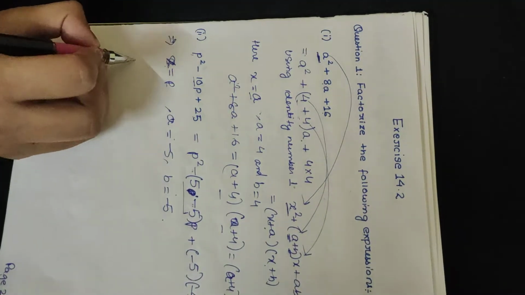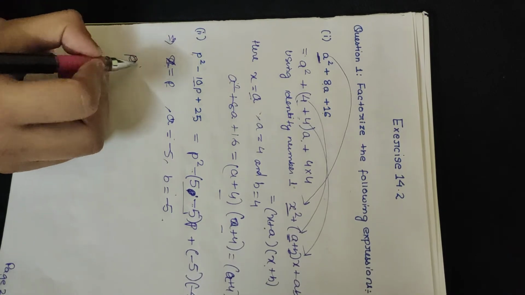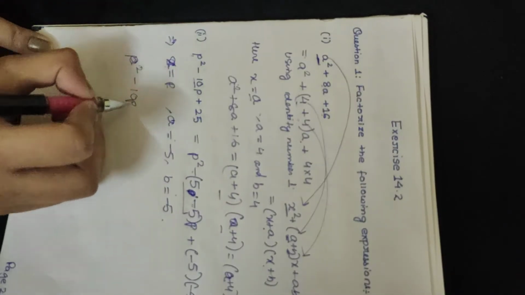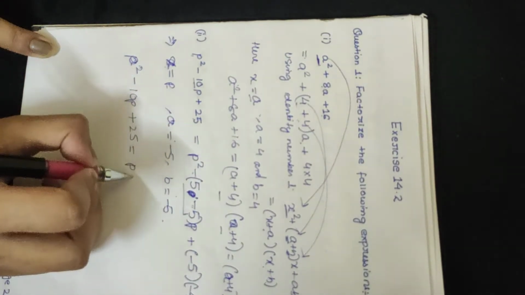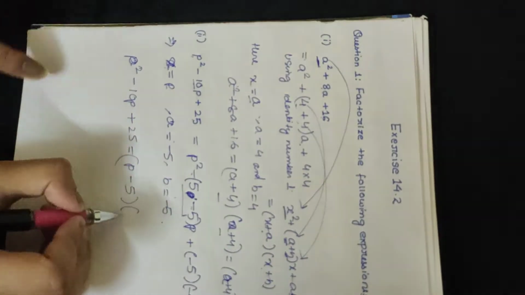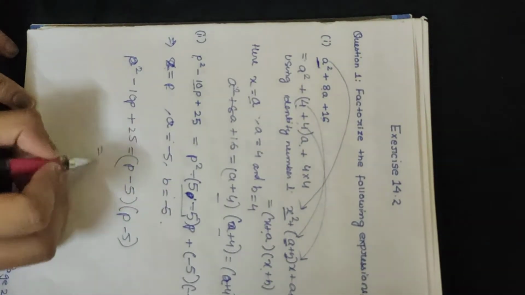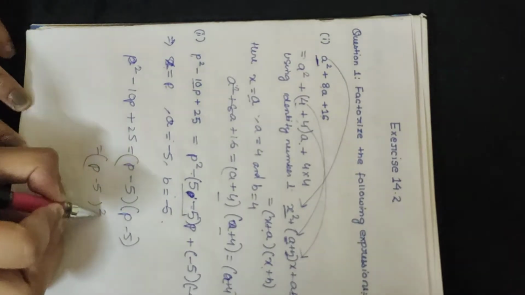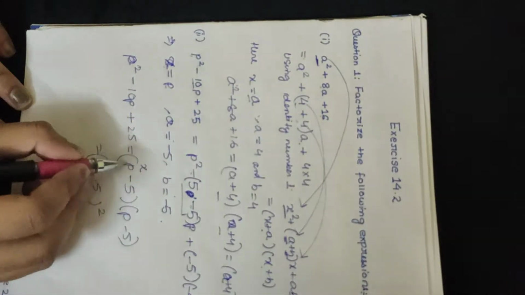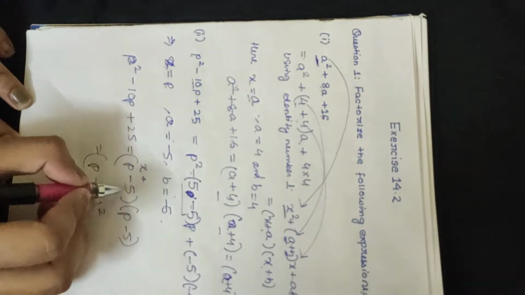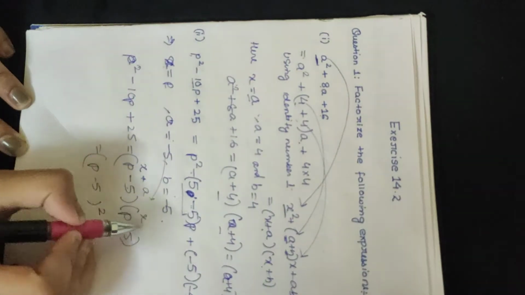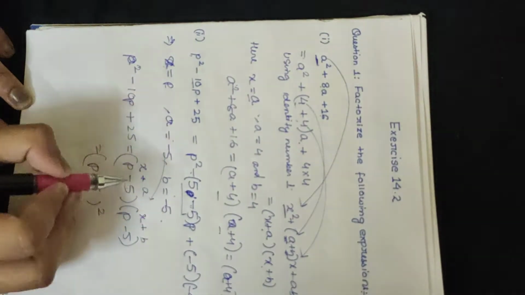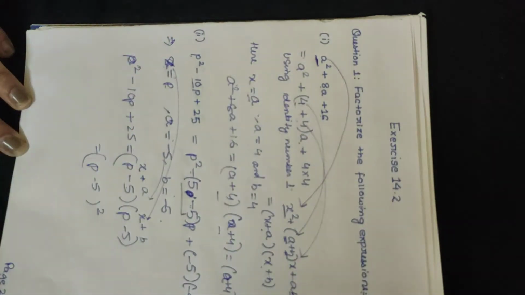So what is the resultant? p square minus 10p plus 25 is equal to x plus a, which is p minus 5, and p minus 5, which is equal to p minus 5 whole square, because our x is p, a is minus 5, and x plus b, x is p and b is minus 5.